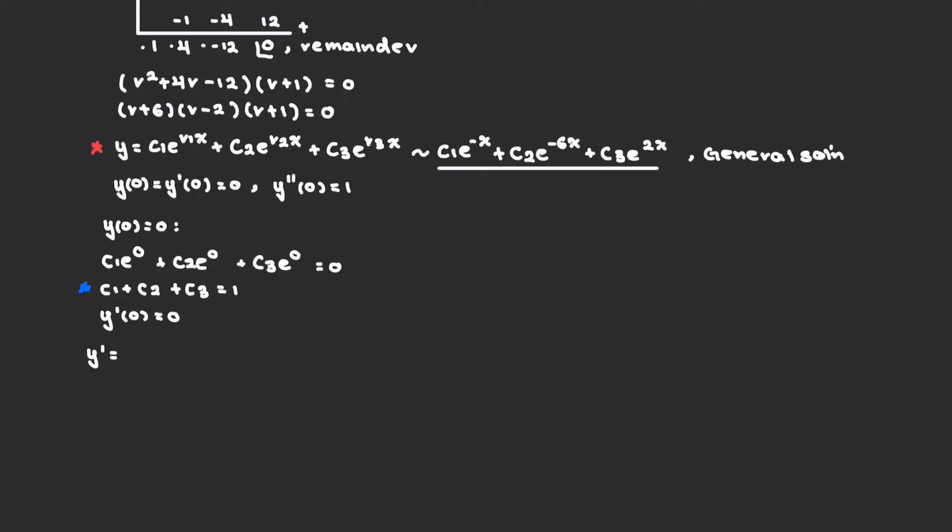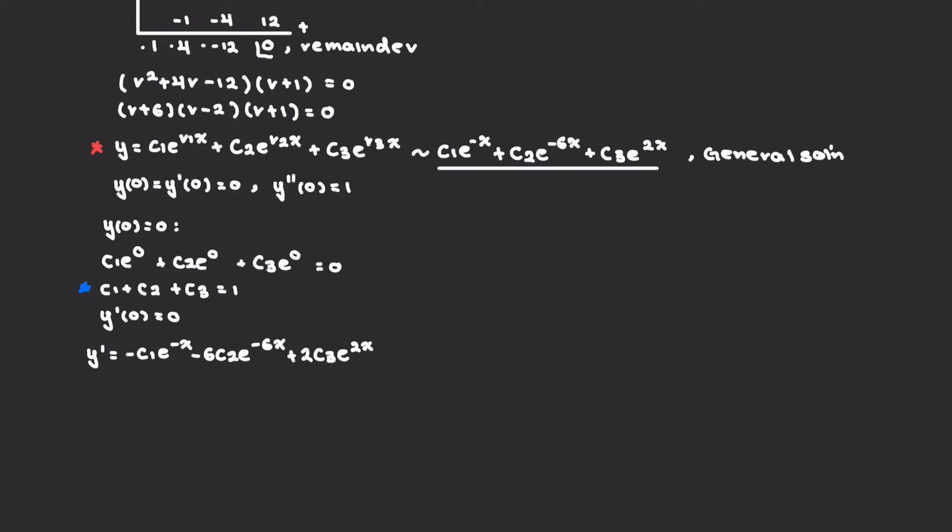So the derivative of c1 e to the negative x is just negative c1 e to the negative x. c2 times e to the negative 6x is just negative 6 c2 e to the negative 6x. And lastly, our c3 term is just going to be plus 2 c3 e to the 2x.